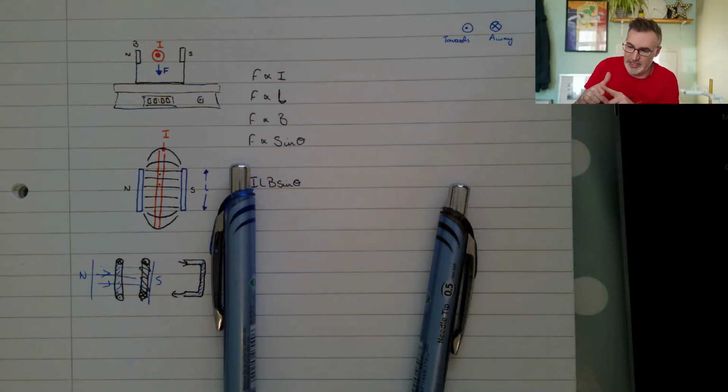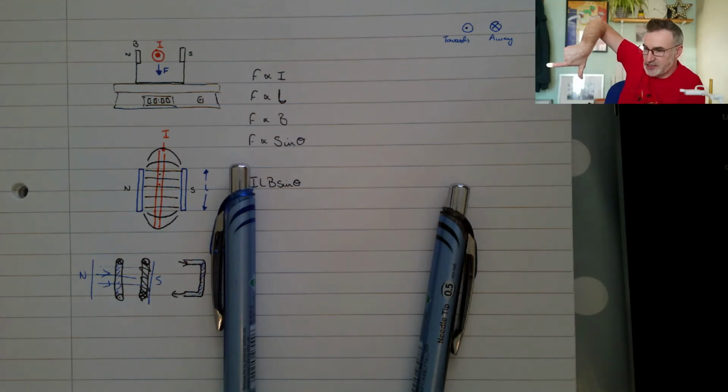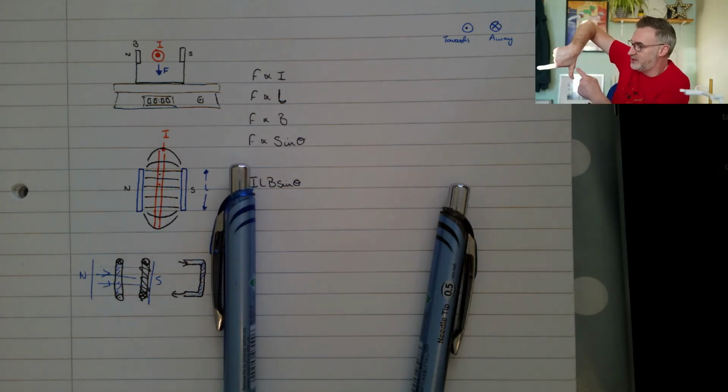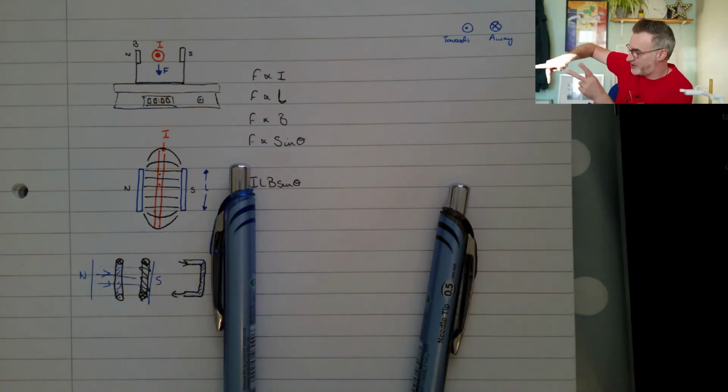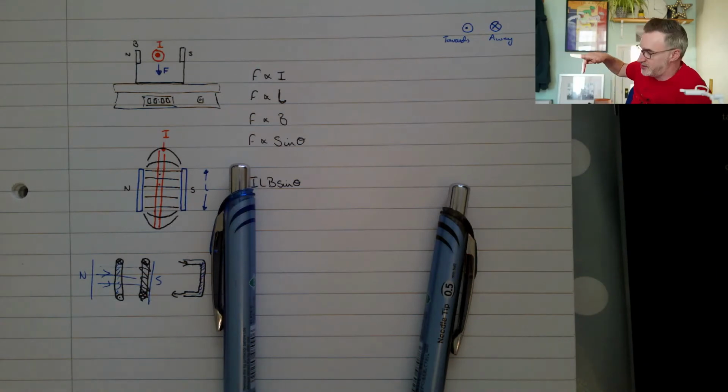And so our FBI, so B still points in that direction. This now comes here. So our B, now our current is going down that way. And so you're going to need to sit and pause this with your screen, and you're going to have to play with your hands a bit so that you get this right. And so you're having your magnetic field going in that direction.